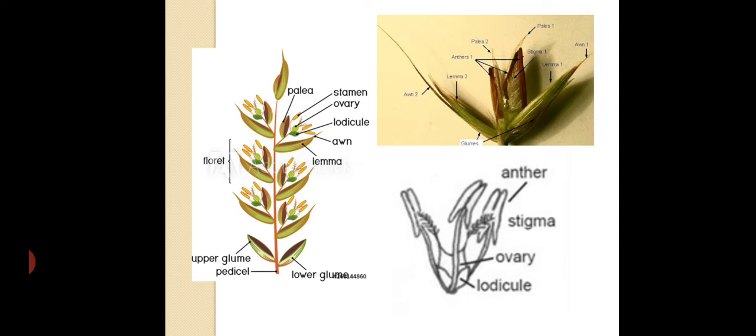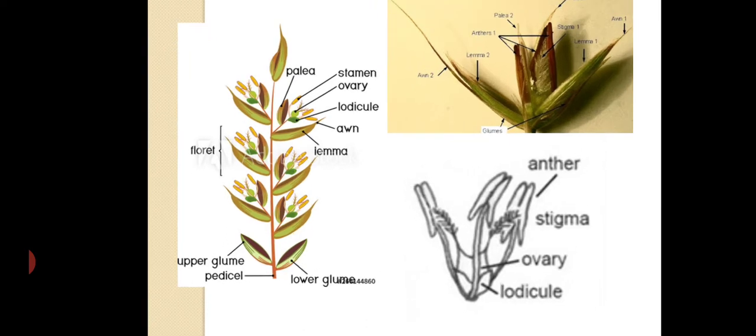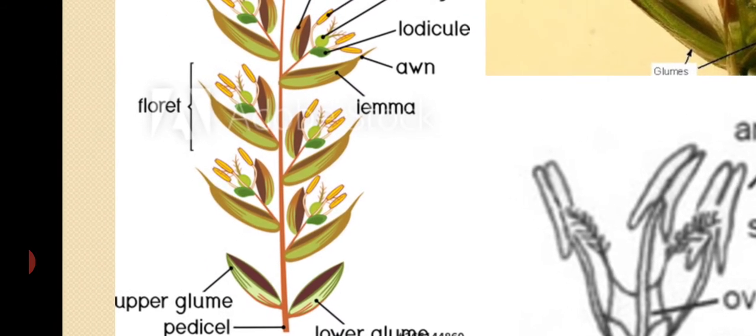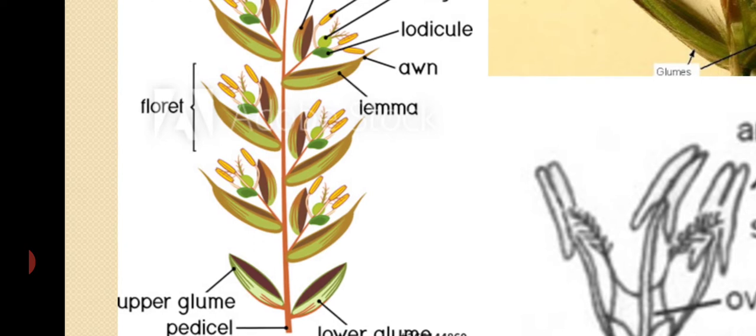These two do not have any sex organs, so they are considered sterile bracts or sterile glumes.